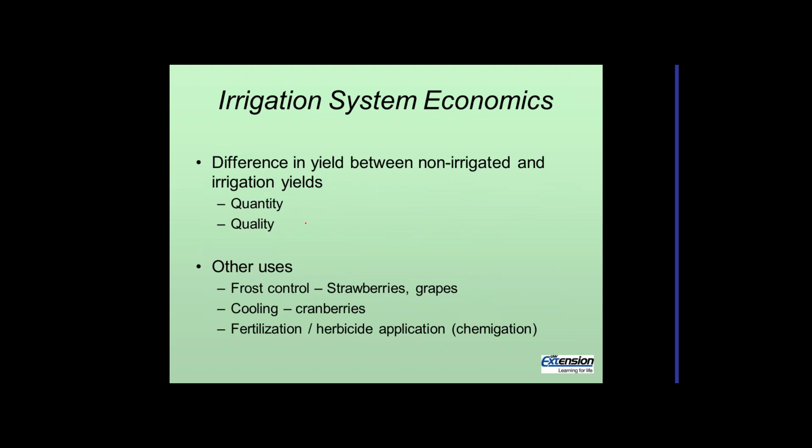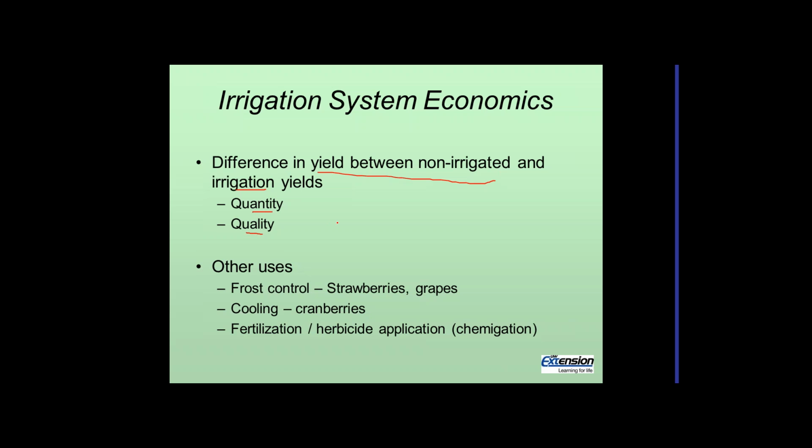How do we look at the economics of a system? Basically the way to justify the cost of these is looking at the yield between non-irrigated and irrigated, and that can be quantity and quality. So you have to look at those cost differences. So the difference between dryland corn and irrigated corn, or potatoes that weren't irrigated and potatoes that were irrigated.